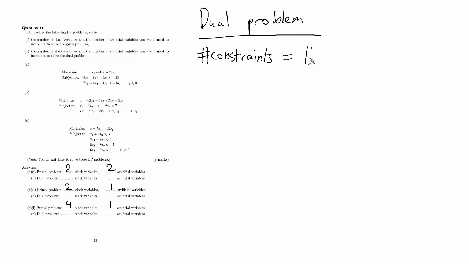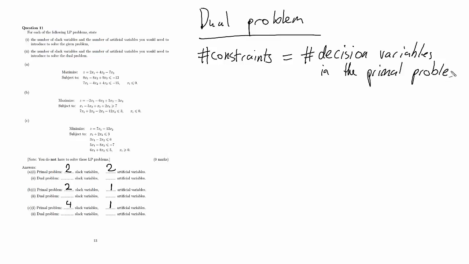The number of constraints is equal to the number of decision variables in the primal problem. So we can write this down straight away.